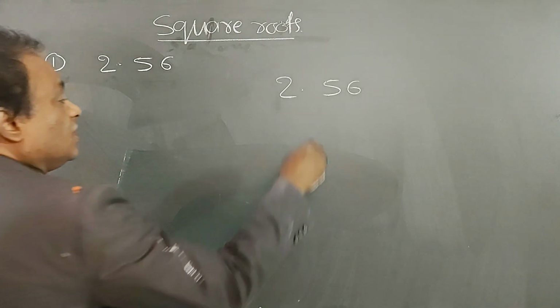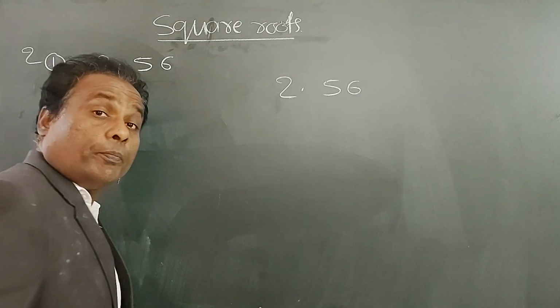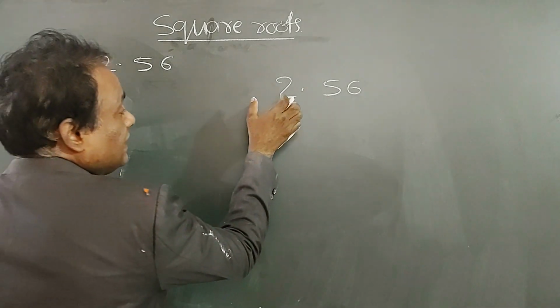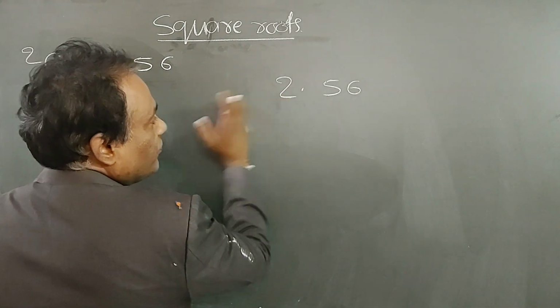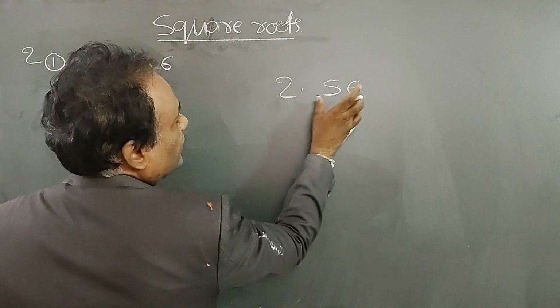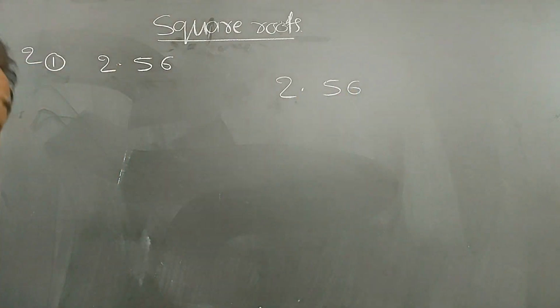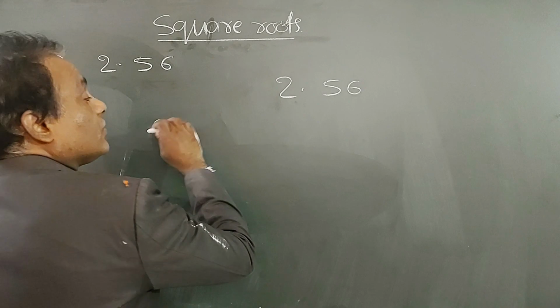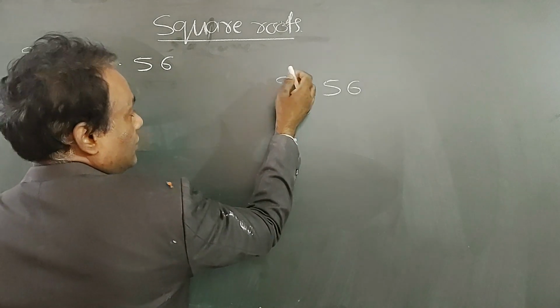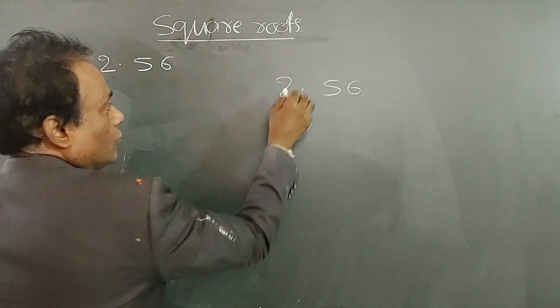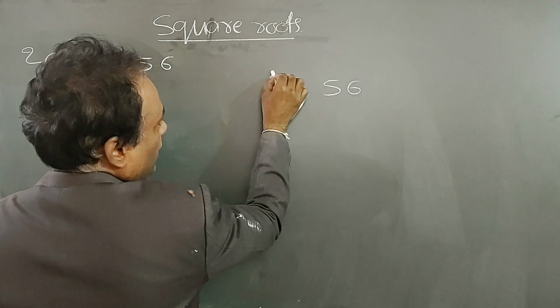First, we have to pair the integral part before the decimal. This is the integral part, this is the decimal part. In the integral part, two digits make a pair, and we write the bar. Here there is no other number, only one pair.